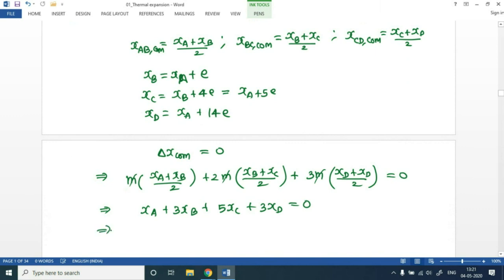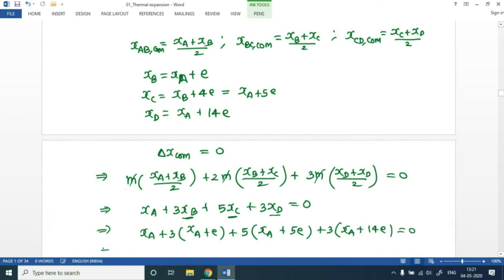XB, XC and XD we were able to write in terms of XA and E. So that would be XA plus 3 times (XA plus E), plus 5 times (XA plus 5E), plus 3 times (XA plus 14E).